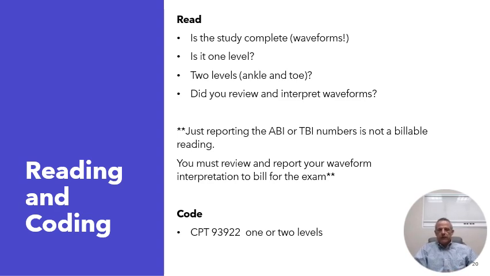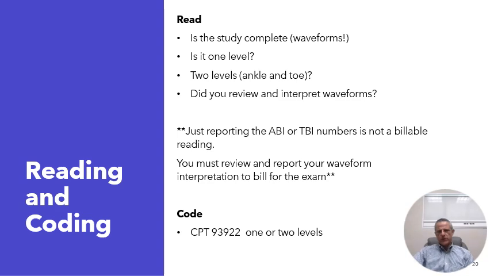Are you looking at one level, just the ankle, or two levels, the ankle and the toe? Did you look at the waveforms and make an interpretation of those? If you just report the ABI or TBI number in your note, that's not a billable reading. You must review and report your waveform interpretation.